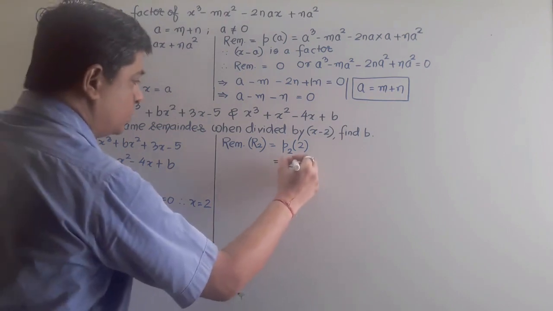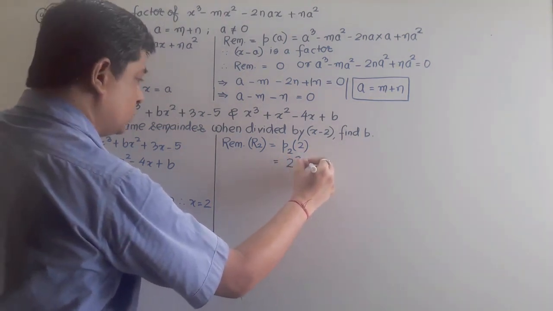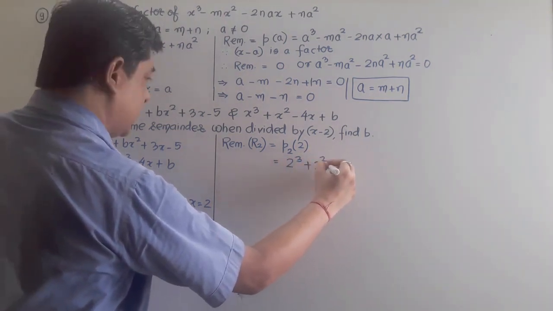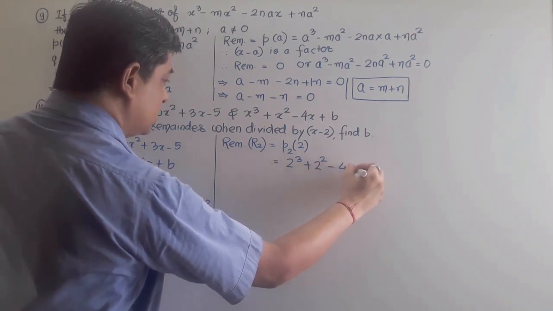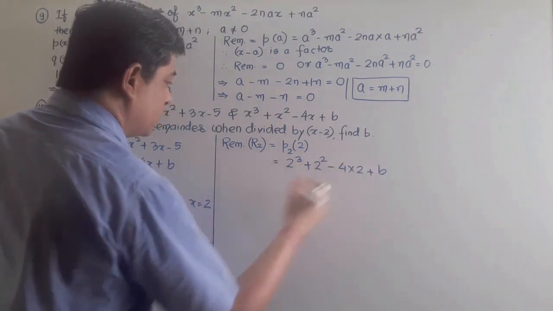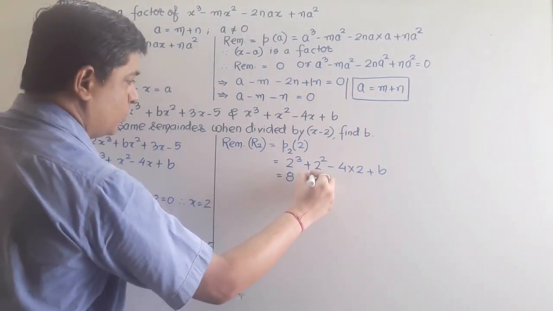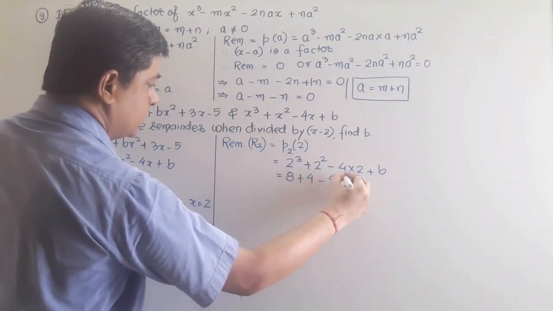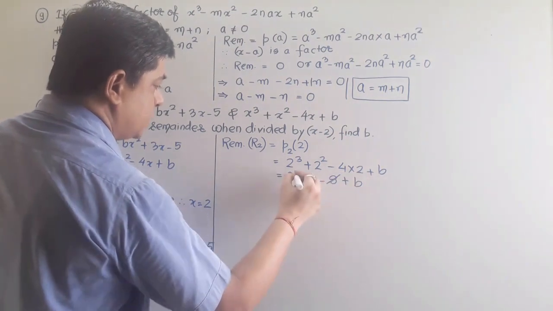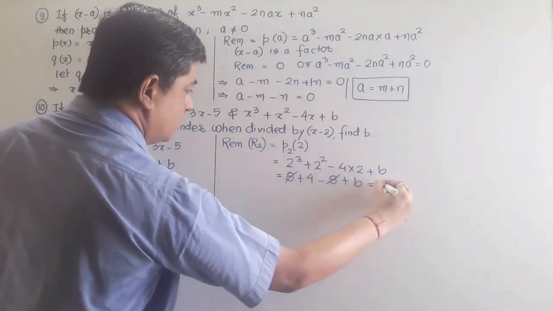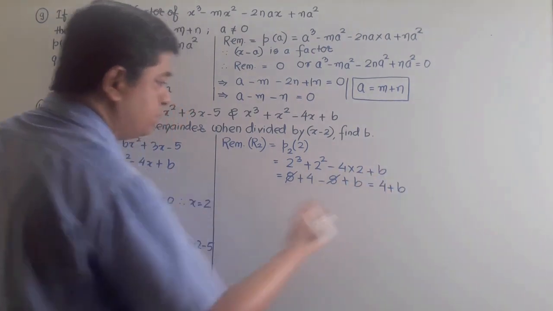This will be 2 cube plus 2 square minus 4 into 2 plus b. Let us simplify further. 2 cube is 8, plus 4, minus 8, plus b. Minus 8 and plus 8 get cancelled. So remaining here is 4 plus b.